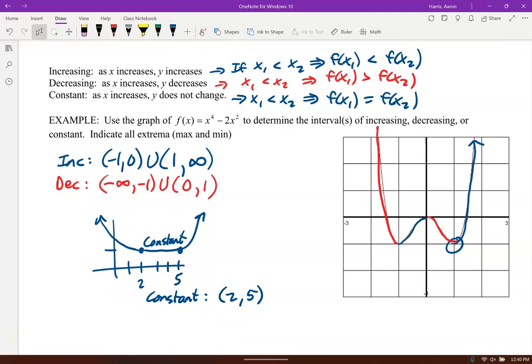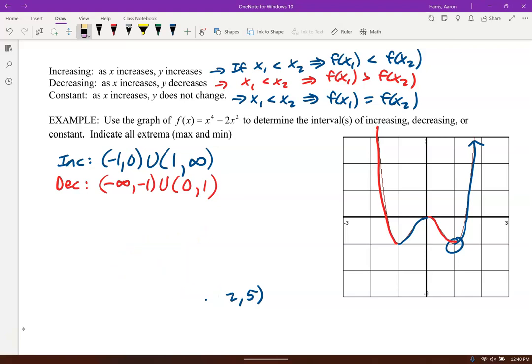All right, let's go back and answer the rest of the questions on this one. Indicate all extrema, so our relative max, min, and absolute max, min. If you look here on the graph, hopefully you can see that this point right there is (0, 0).